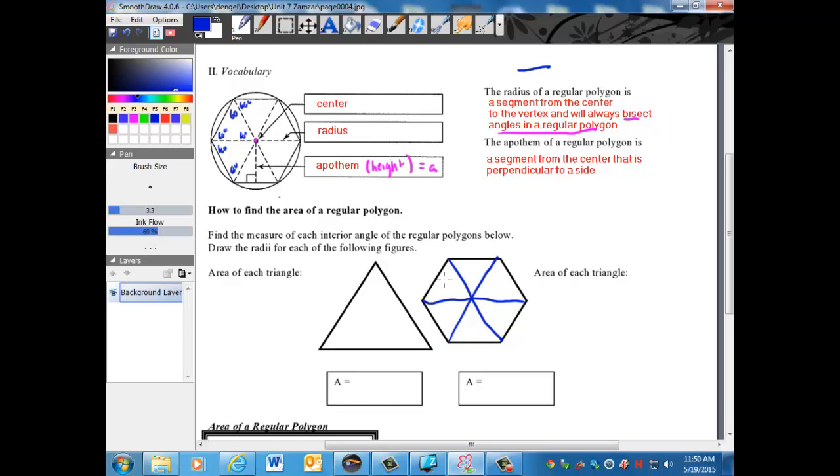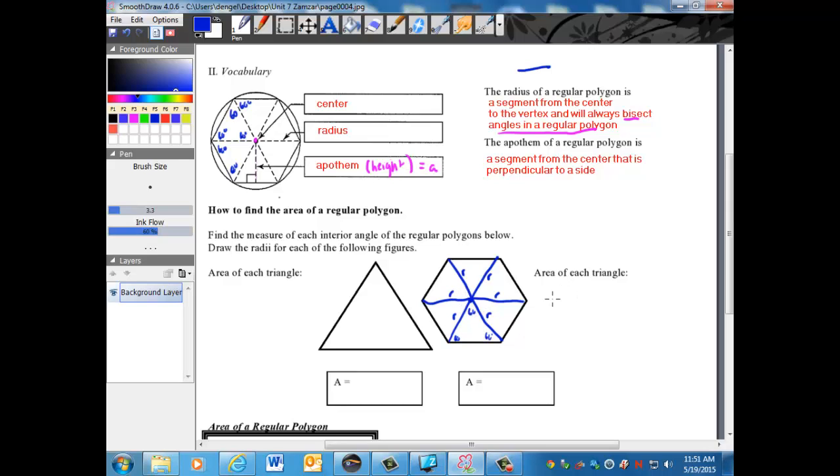Okay, and again, this meets at the center point. Now, all of these lengths that I've drawn are all going to be radii, right? And as I proved up here, in a regular hexagon, these are equilateral triangles. So all of these triangles have 60, 60, 60 degrees. So all of these triangles are the same.